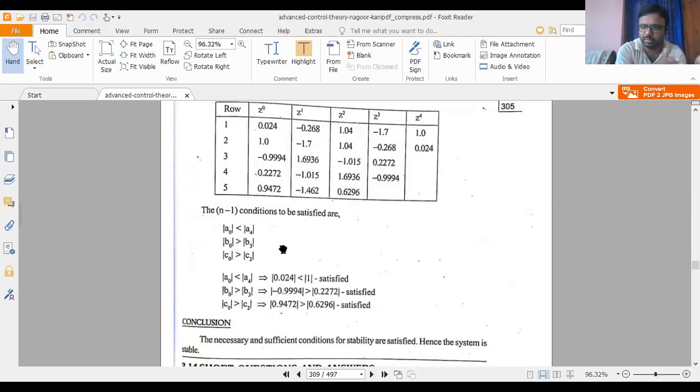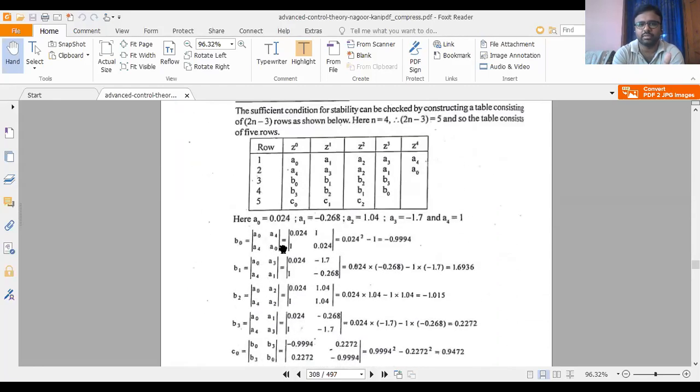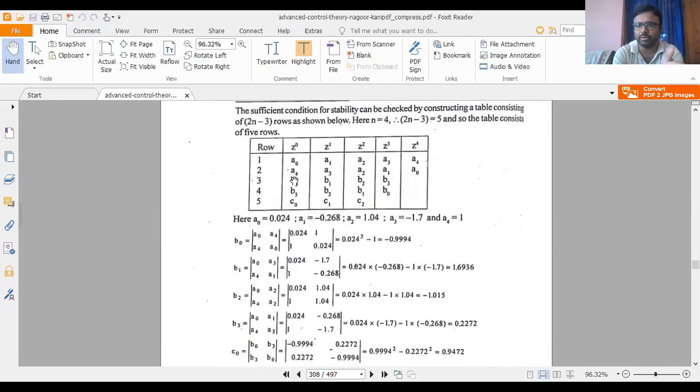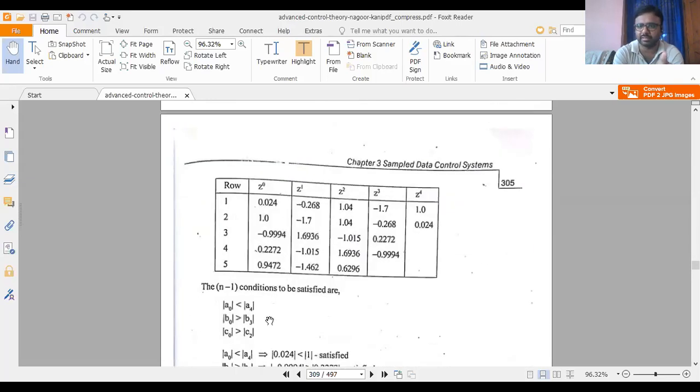You can go through this form and also apply the second form. If the Jury stability table starts with the first row from a0 to a4 or an, you have to satisfy the earlier conditions.